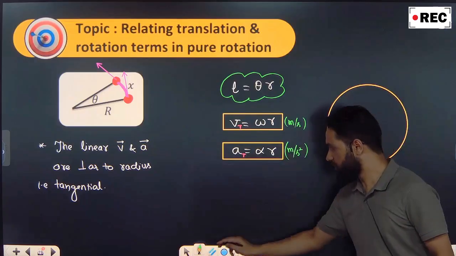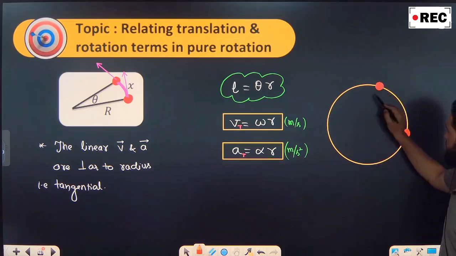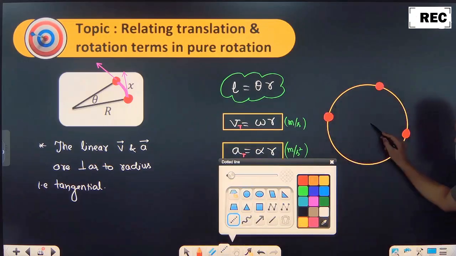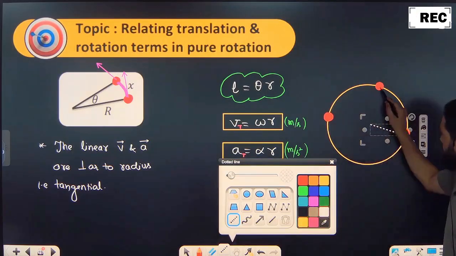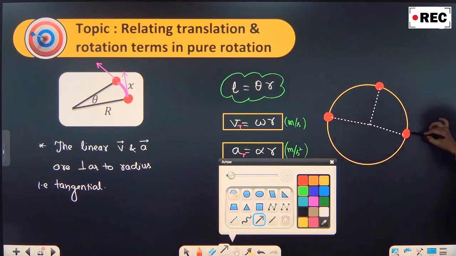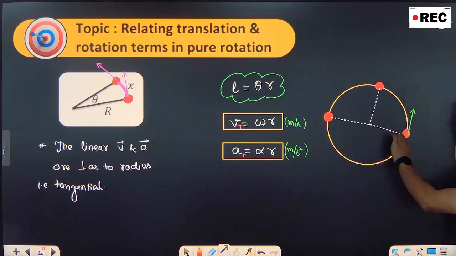Right? So if a body is moving in a circle, say like this and this and this, it will have the radius at these instants. This is the radius. Let's take the velocities at this moment when this body is moving. I am saying at this instant, don't look at where it is going in the end. At this instant it is going somewhere.